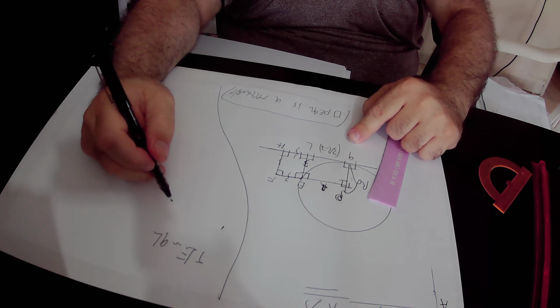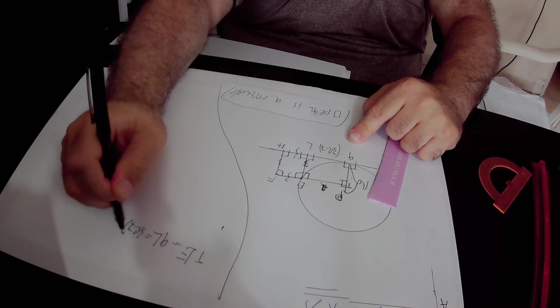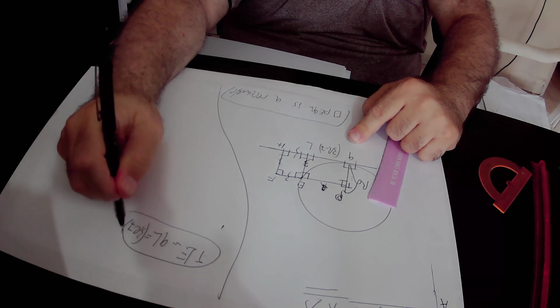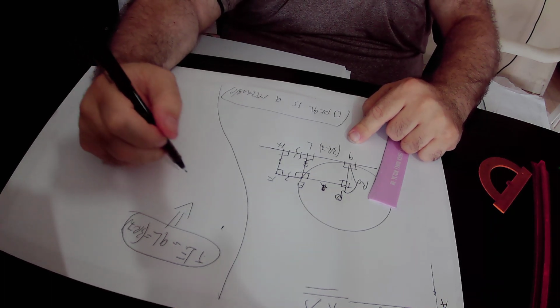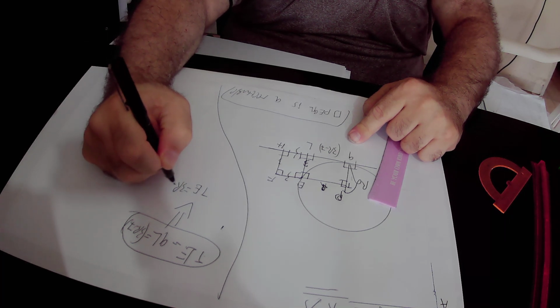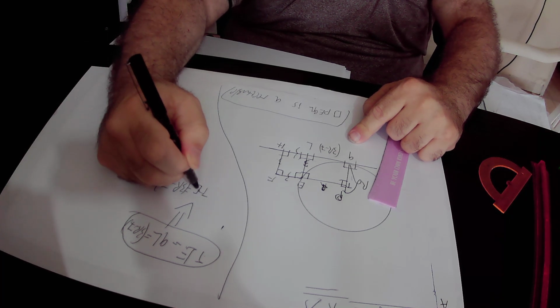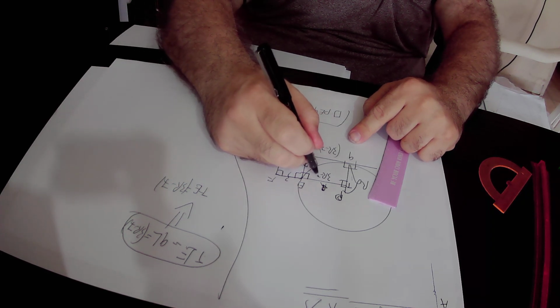TE equals QL, but we already found out that QL equals 3R minus 7. So from this equation TE equals QL equals 3R minus 7, we derive that TE is also equal to 3R minus 7.